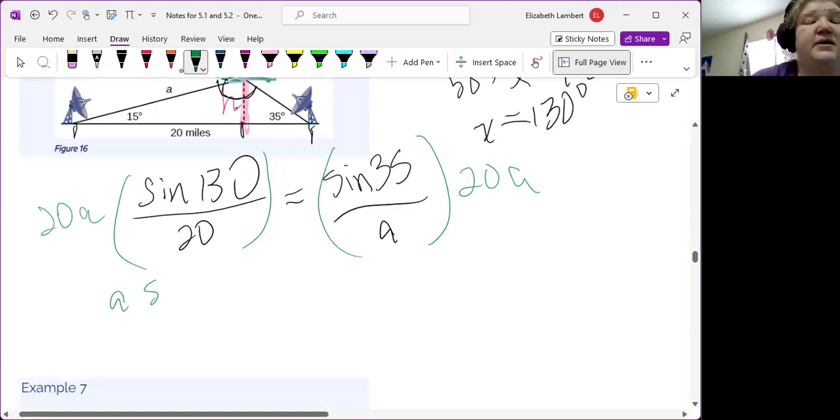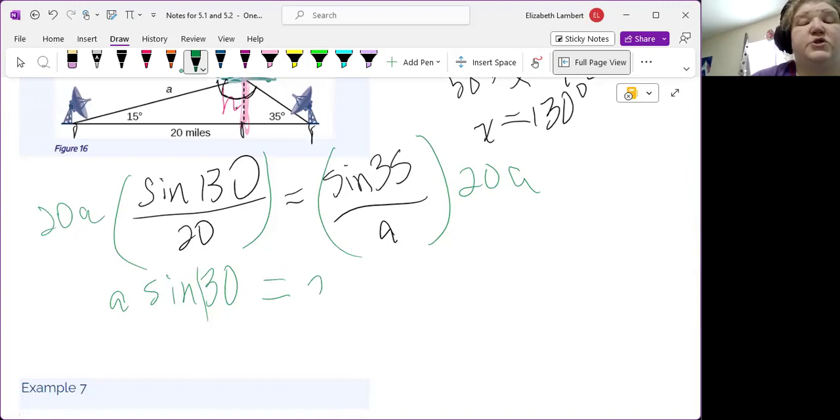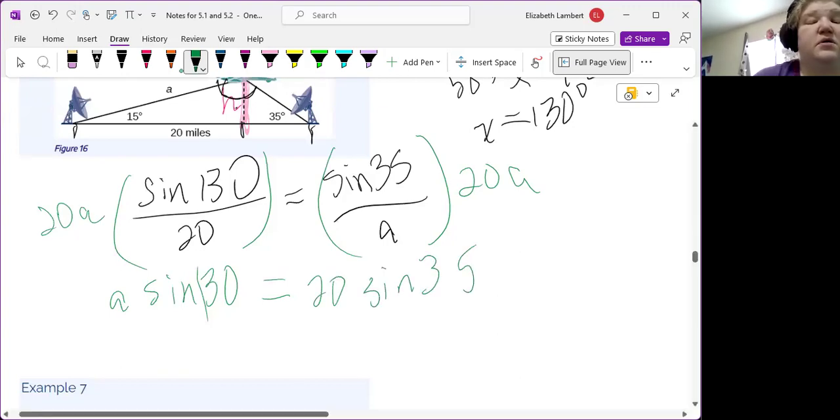So A sine 130 equals 20 sine 35 and divide by the sine of 130.